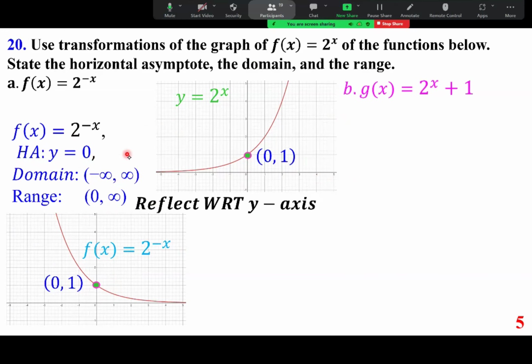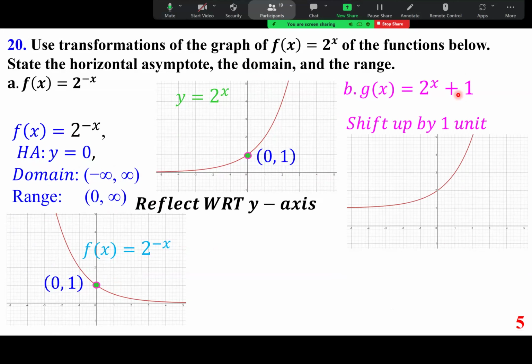What about g of x equals 2 to the power of x plus 1? Well, we are going to go back to this and shift it up by 1 unit. When you do that, the effect is that your horizontal asymptote is no longer the x-axis, but rather it goes up. So now the horizontal asymptote has changed to y equals 1.